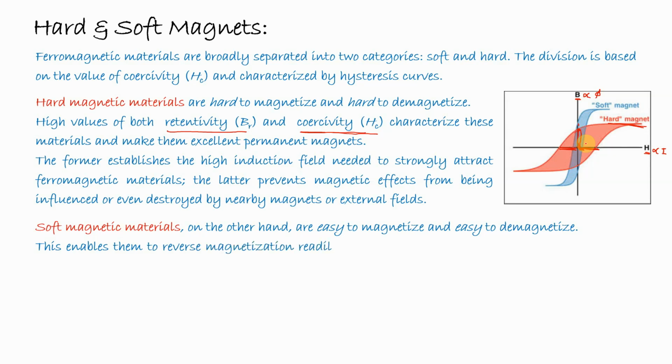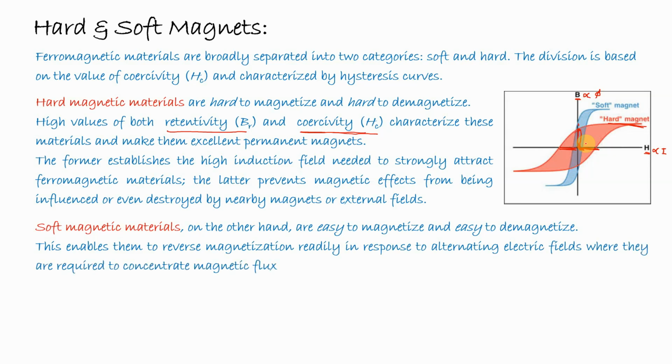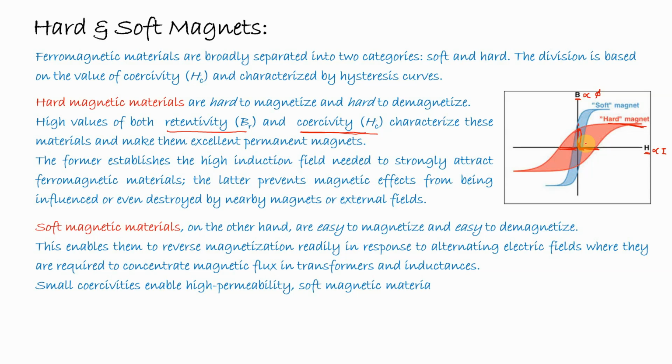It enables them to reverse the magnetization readily in response to an alternating electrical field, where they are required to concentrate the magnetic flux in transformers and inductors. The small coercivities enable high permeability, so the soft magnetic material fulfills this function with little energy loss.